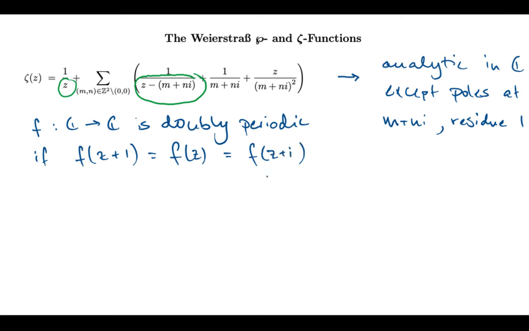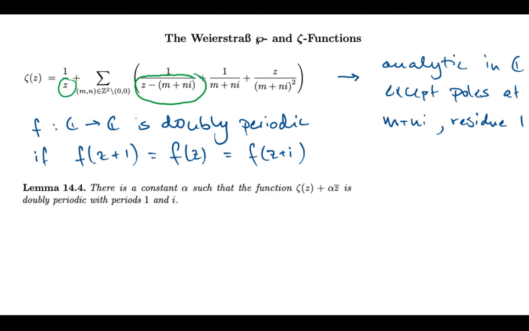Well, I should really say this defines a doubly periodic function with periods 1 and i. You can imagine that there's a more general definition here with two somewhat arbitrary complex periods.